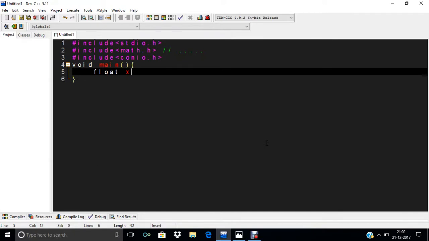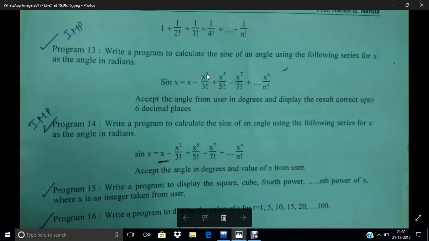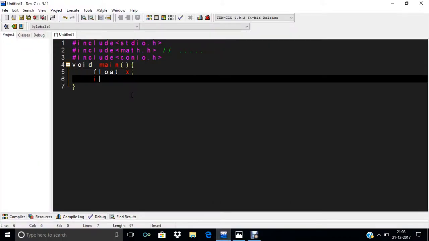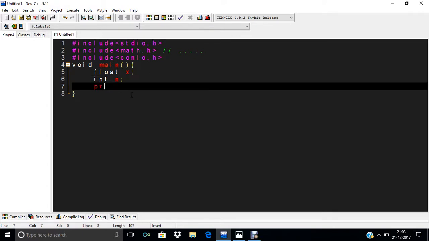The other thing in the question we need to look at carefully is that it's raised to 1, raised to 3, raised to 5, raised to 7, and so on. They are all odd powers, so we can take that as int n.